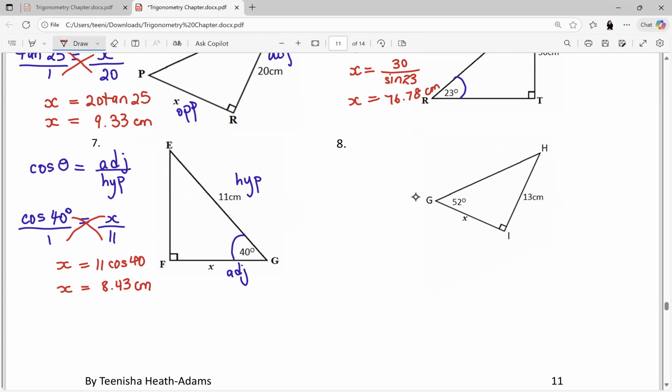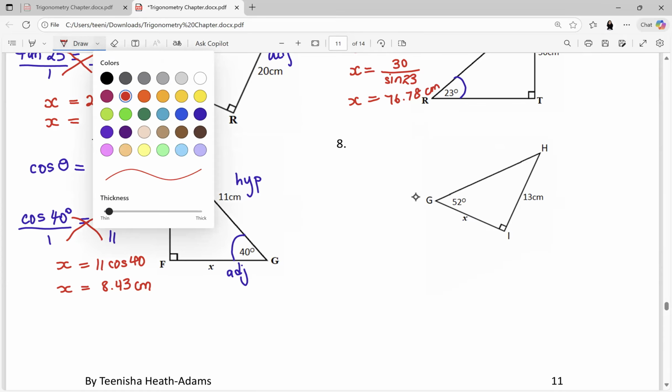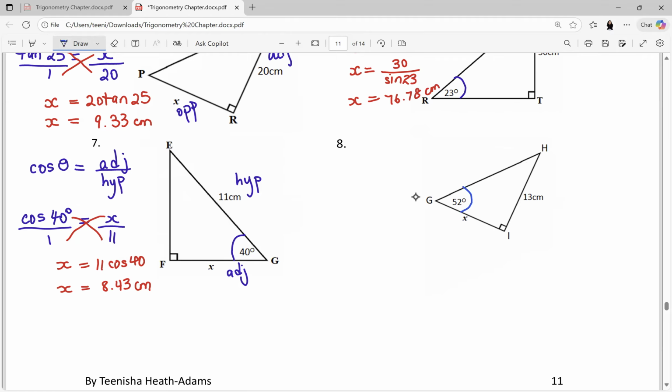And then finally, the last one, our angle of interest is 52 degrees. The side opposite 52 degrees is 13 centimeters, and the side adjacent to it is marked x. The ratio that uses the opposite and adjacent is tangent.